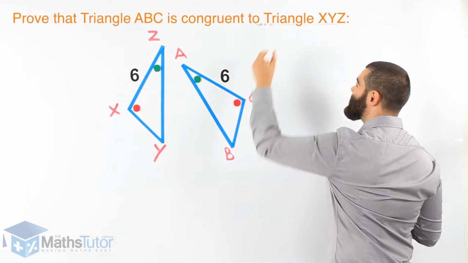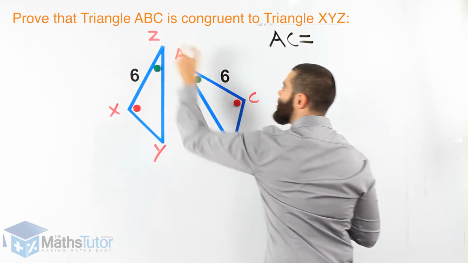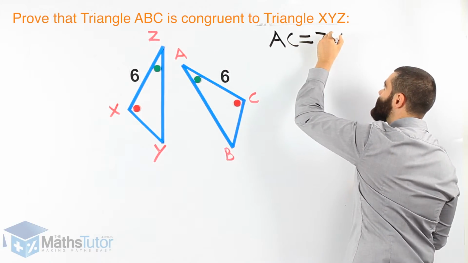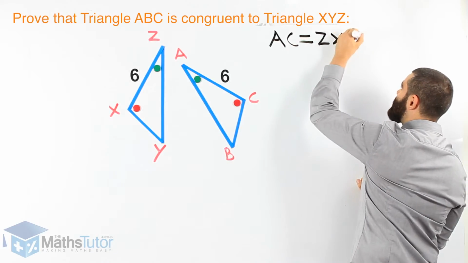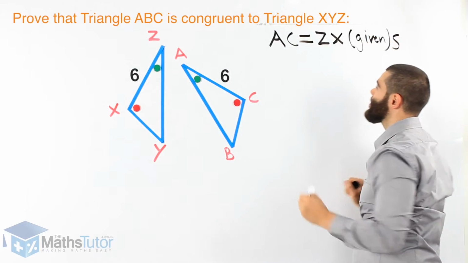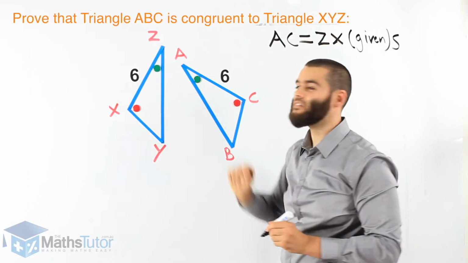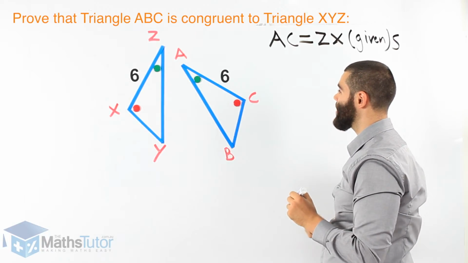We can write AC is equal to ZX. AC equals ZX, and it is given information, it's a side. It is a side of 6 centimeters and 6 centimeters. Now we're going to move on to the angles.